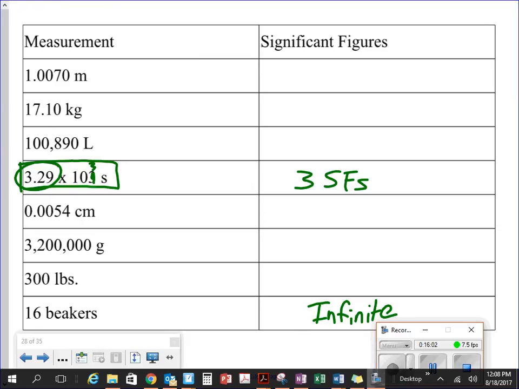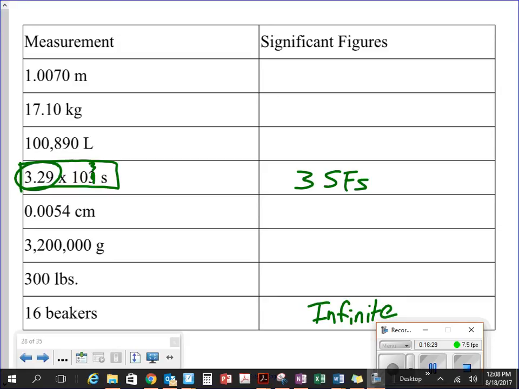Alright, so I'm going to do one or two of these. I'm going to explain it in terms of rules and in terms of the shortcut, okay? So, looking at the first one, decimal absent or present? Present. So, I'm going to start on the left side or right side? Left side, my first non-zero number, 1, so everything after it is significant, including the 1.